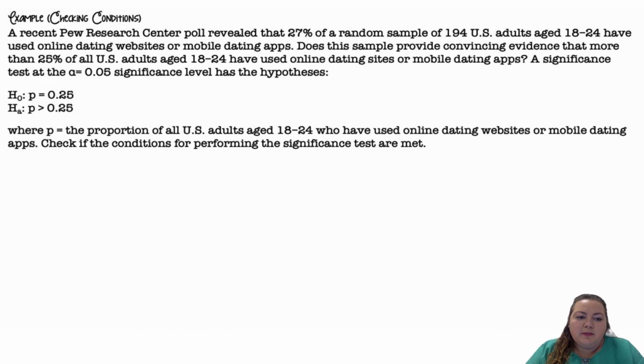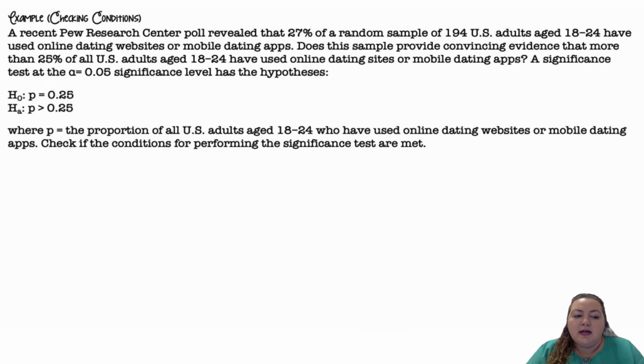All right, an example of checking conditions. A recent Pew Research Center poll revealed that 27% of a random sample of 194 U.S. adults aged 18 to 24 have used online dating websites or mobile dating apps. Does this sample provide convincing evidence that more than 25% of all U.S. adults aged 18 to 24 have used online dating sites or mobile dating apps?